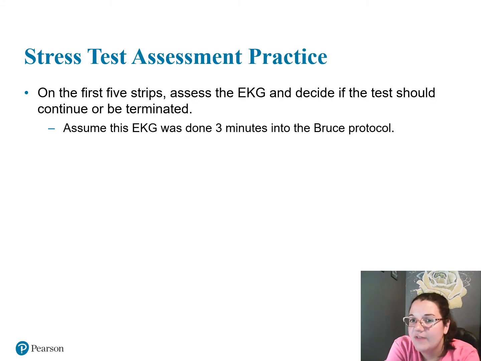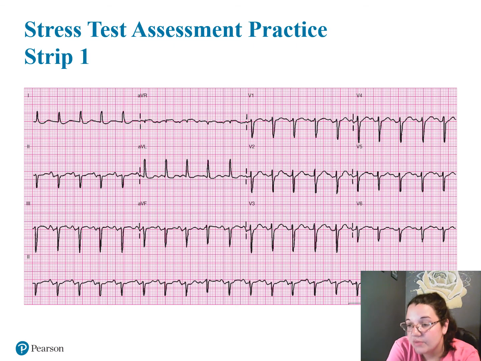One of the first 5 strips, assess the EKG and decide if the test should continue or be terminated. Assume this EKG was done 3 minutes into Bruce protocol. So remember, Bruce protocol is the maximum test, right? We're going to increase their elevation and their speed every 3 minutes for 21 minutes.